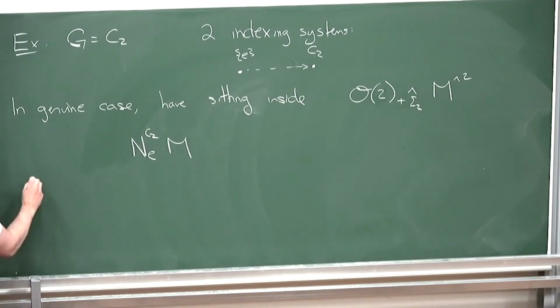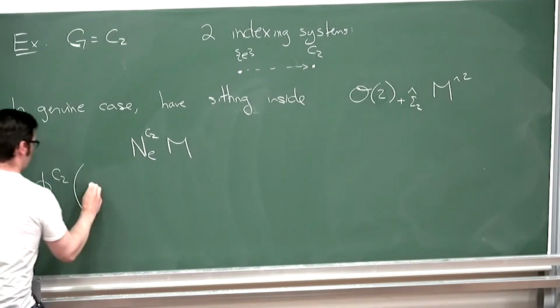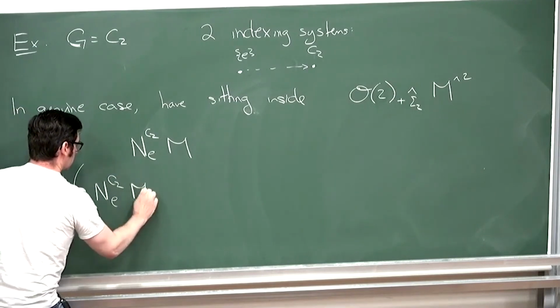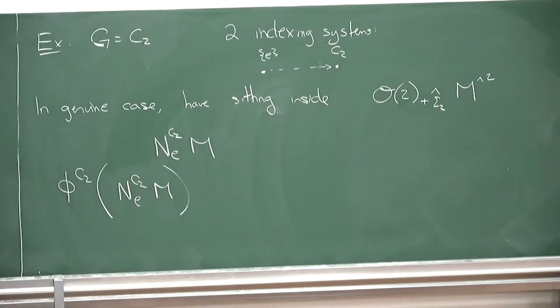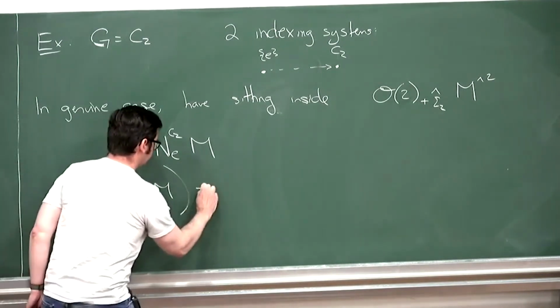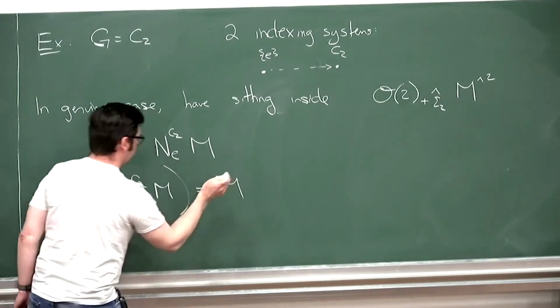And so when I take the geometric fixed points, sitting inside here, and this is something that Emanuele talked about, when I'm looking at the norm and I take the geometric fixed points, the geometric fixed points undoes the norm. So this is just m. Well, I forget down.